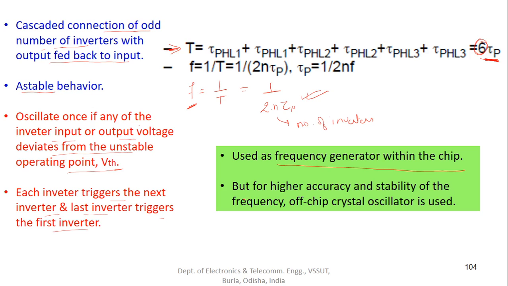For general purposes they can be used where stability and accuracy are not of very high concern. But for higher accuracy and stability of the frequency, off-chip oscillators, that are basically crystal oscillators, are used, not the ring oscillators.